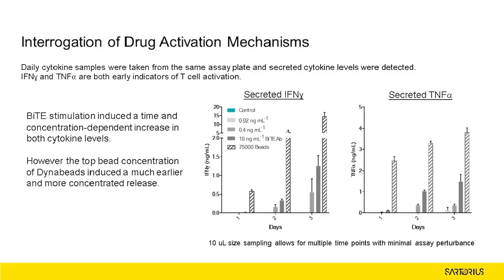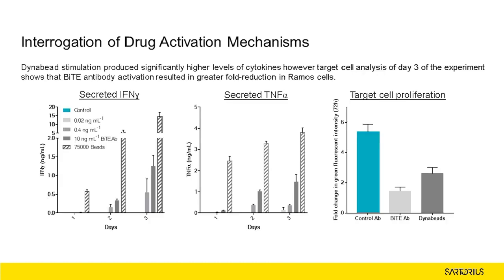The antibody concentrations are not the same, so therefore these results cannot be directly compared. However, when the last time point from the IncuCyte data is taken into account, we see that although there is much greater cytokine release through Dynabead activation, the BiTE antibody actually achieves a greater level of killing.